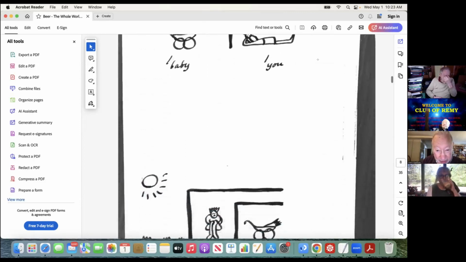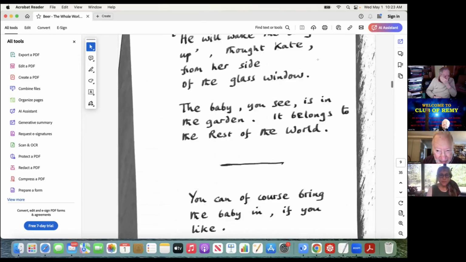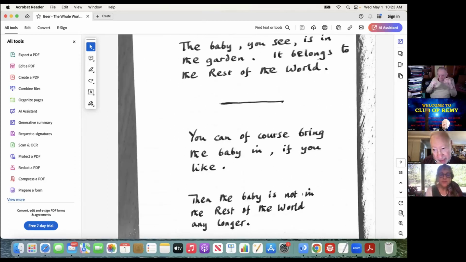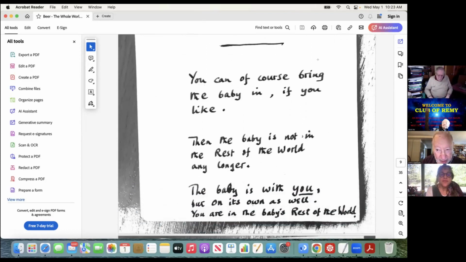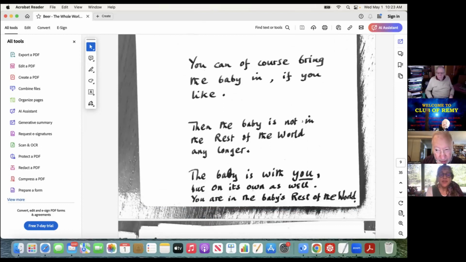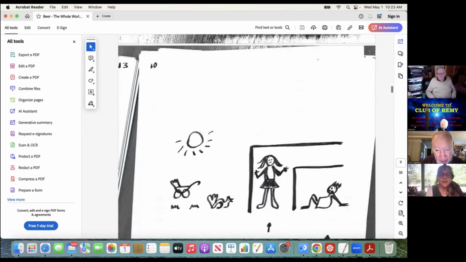I'm not sure which is which here. You can, of course, bring the baby in if you like. And then the baby is not in the rest of the world anymore. The baby is with you, but on its own as well. You are in the baby's rest of the world.